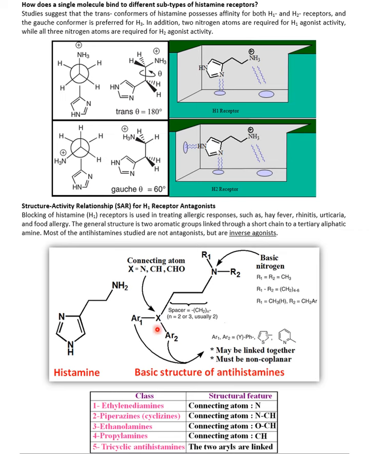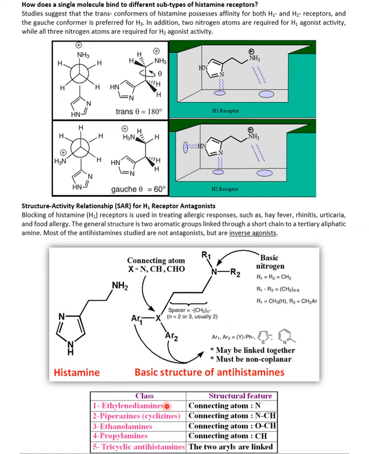Notice that when we compare the general structure to the histamine, the major difference is having these 2 aromatic groups, which are responsible for having the inverse agonist or the antagonist effect for the antihistaminic groups.